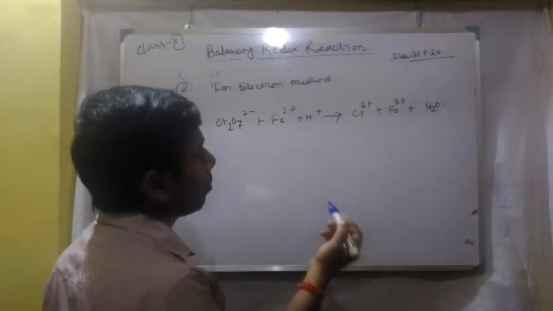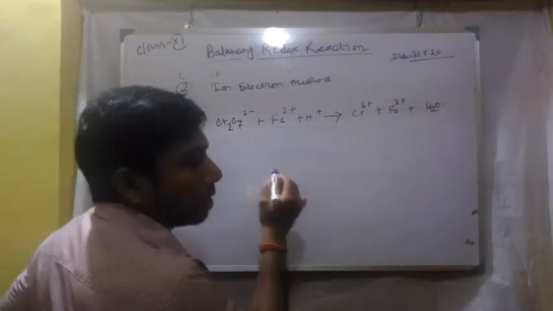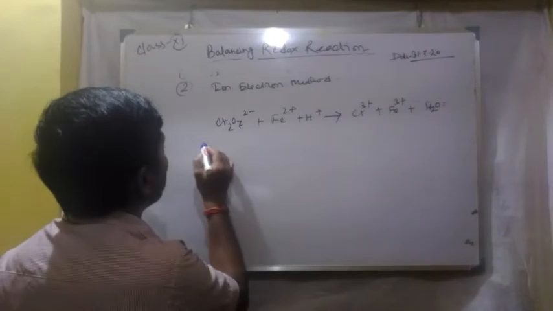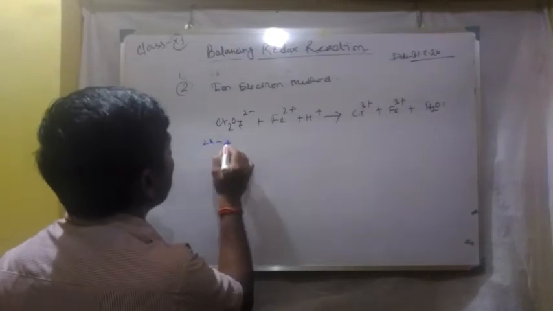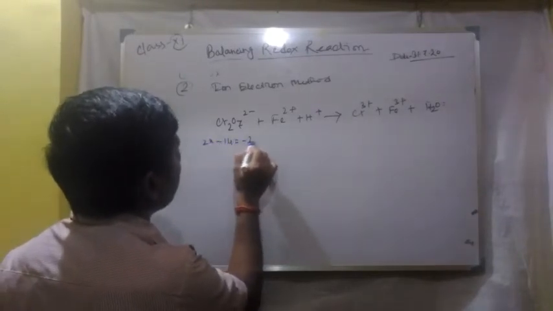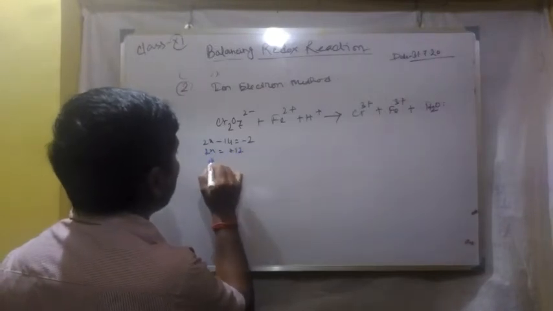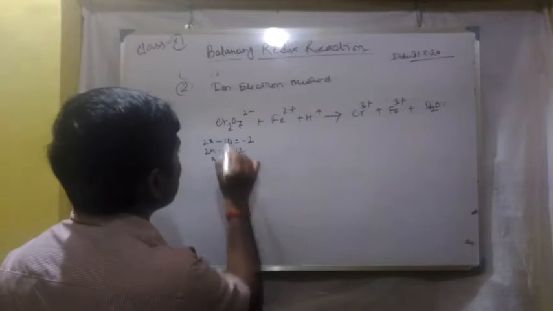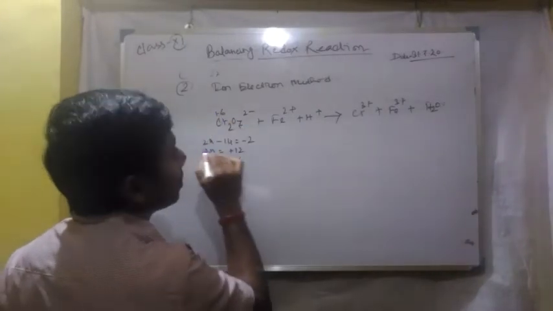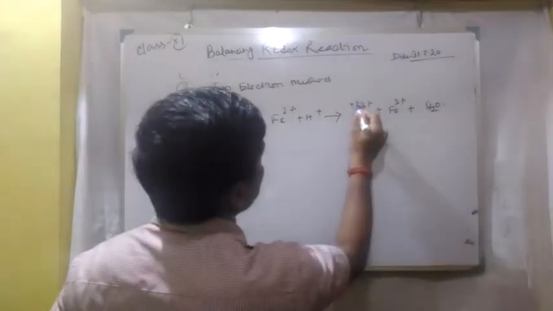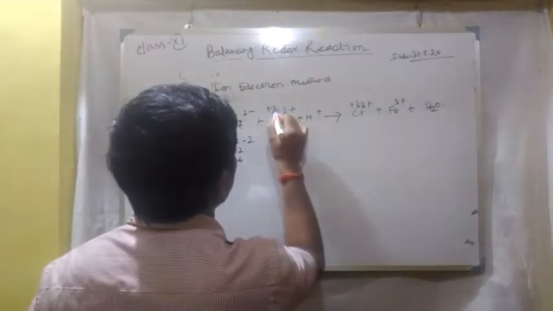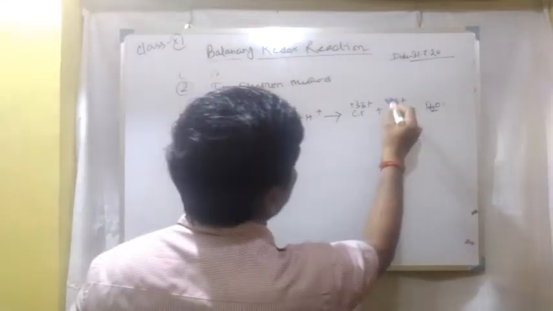Now just like before, put the oxidation number. Here, assuming x, 2x minus 14 is equal to minus 2, so 2x equals 12, x equals plus 6. So plus 6 here goes to plus 3. Here iron is in plus 2, going to plus 3.